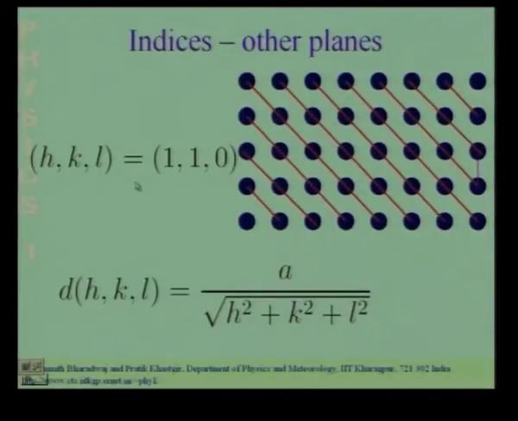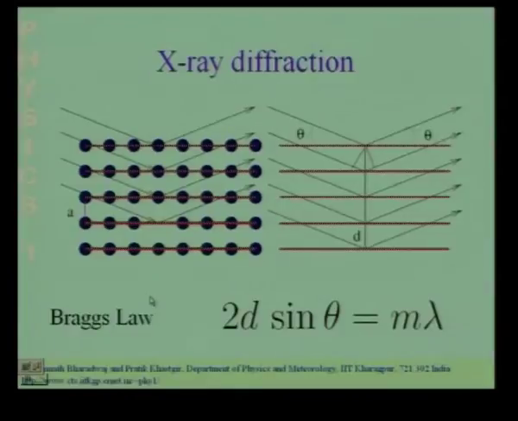If I change the Miller indices, the value of d is going to change. Also, the order of the maximum could be different. You could have a first order maximum, second order, third order, etc. The 0th order maximum corresponds to sin theta equal to 0, theta equal to 0, which is the direction of the incident radiation itself, and that we are not interested in.